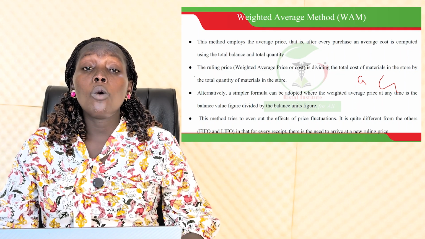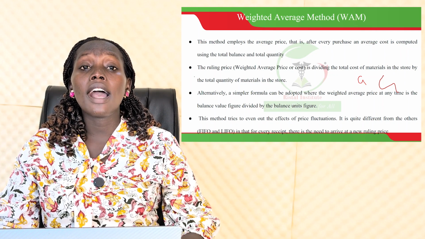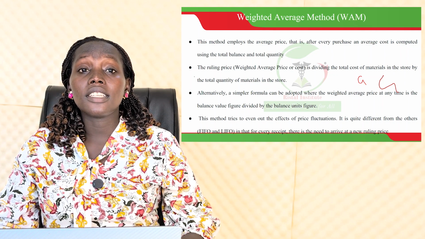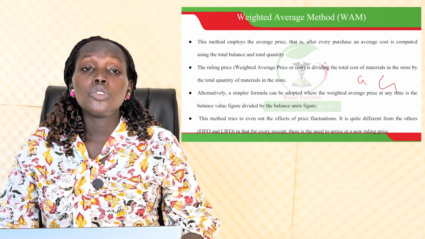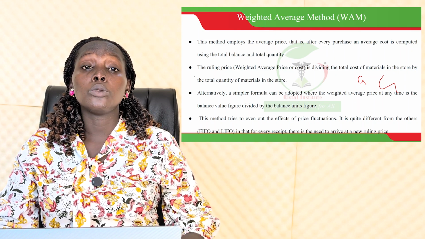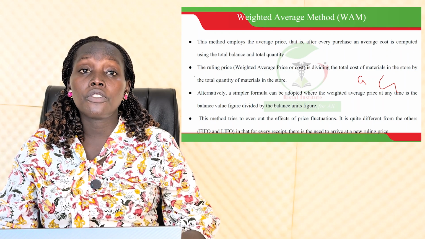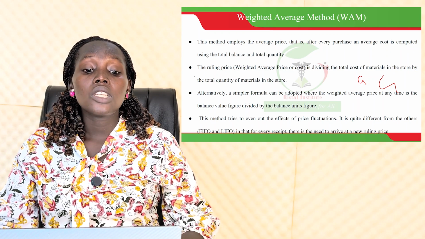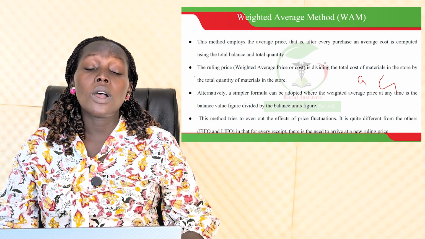So whenever you incur a new purchase, the price per unit that you will use to issue out the new products, you will have to first compute. How do you compute it? You divide the total balance by the total quantity.